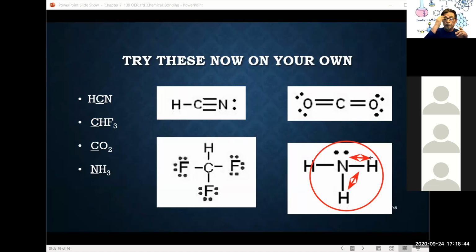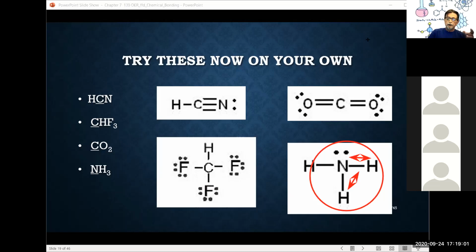Now, the one example where you can have all polar bonds, and you might be thinking, you saw how carbon dioxide has 2 polar bonds, and the direction of the polar bonds cancel each other out.